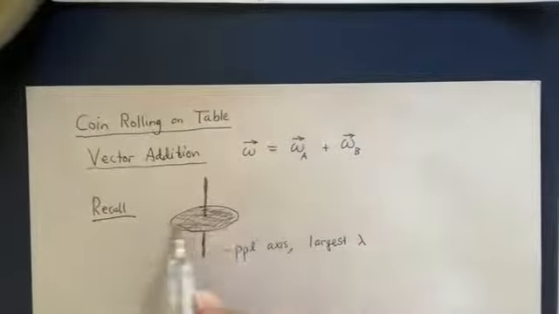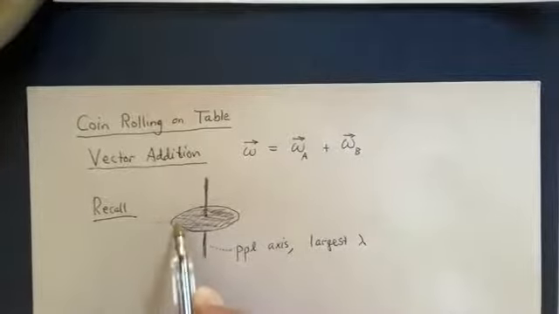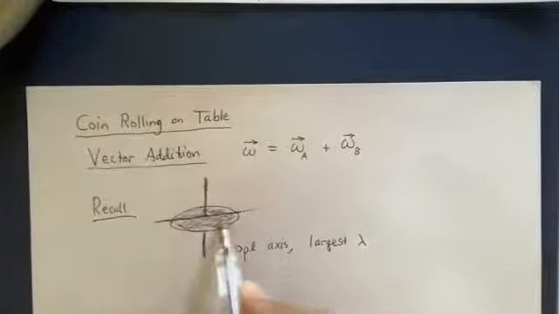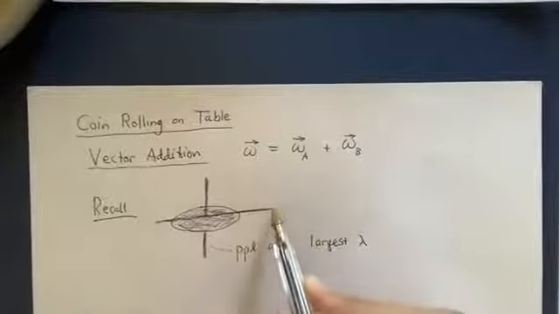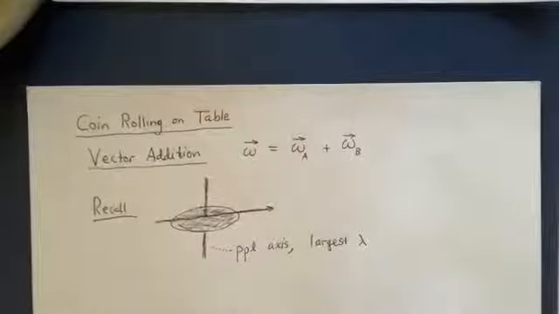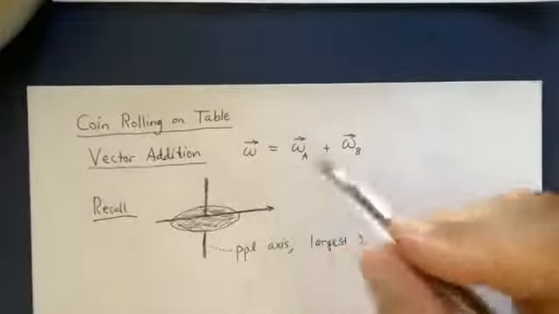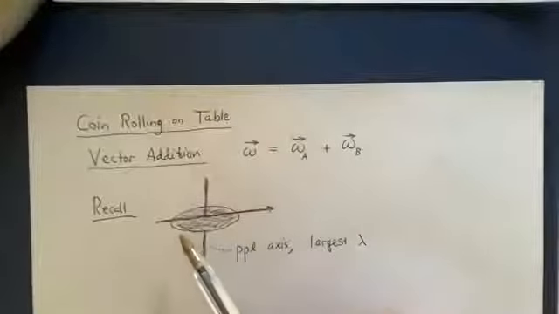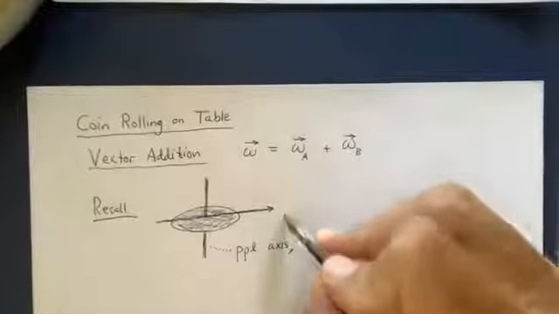Here's another principal axis. Okay, that too is a principal axis. In fact, any line you draw straight across the circle is a principal axis.